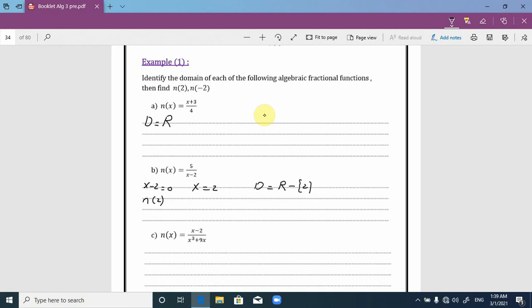So n of 2 is undefined, but n of negative 2 equals 5 over negative 2 minus 2, which equals negative 5 over 4.